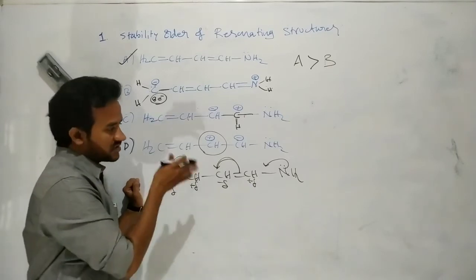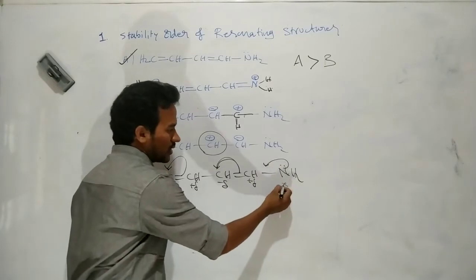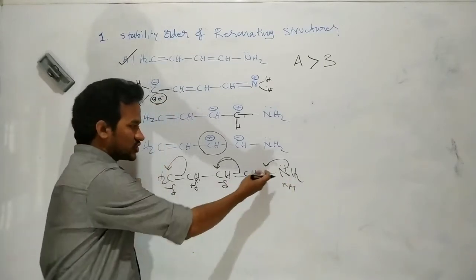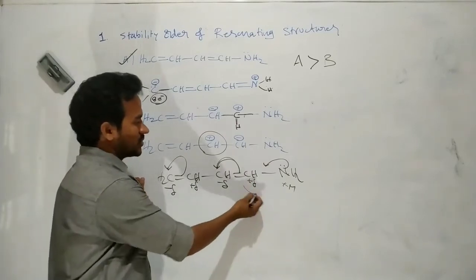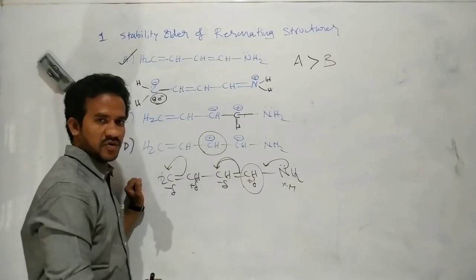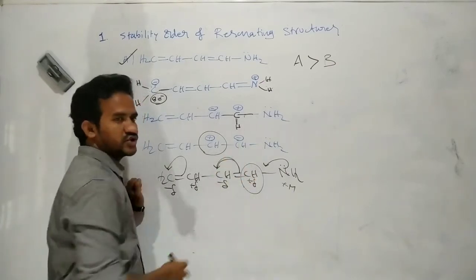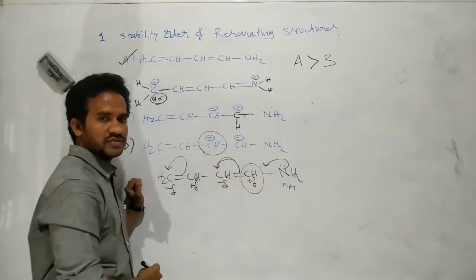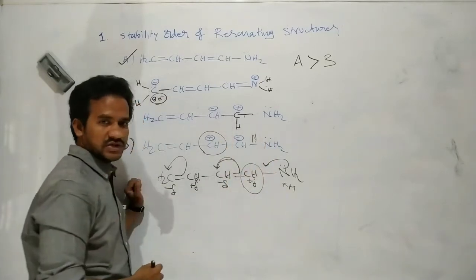This is based on the flow of electrons, because NH2 is a strong plus M group, an electron donating group. So the flow of electrons is towards this side, and this carbon must have the positive charge. Raising of the positive charge is supported by the NH2. Here, raising of the charge is not supported by the NH2. Additionally, here electrons repel each other.